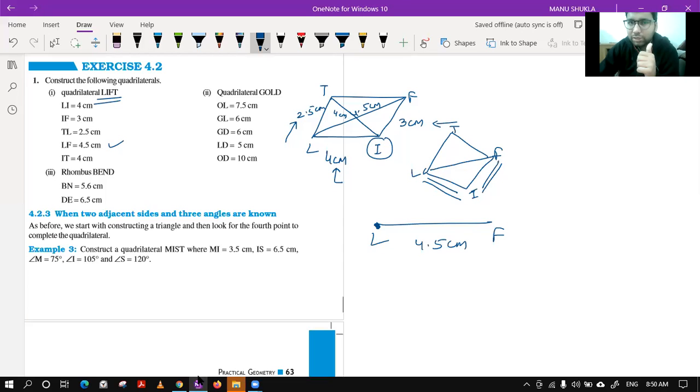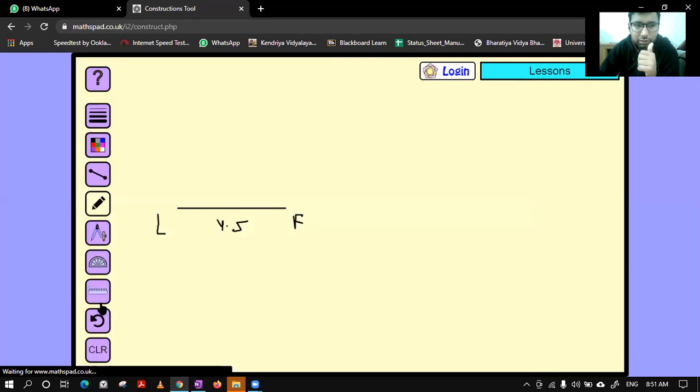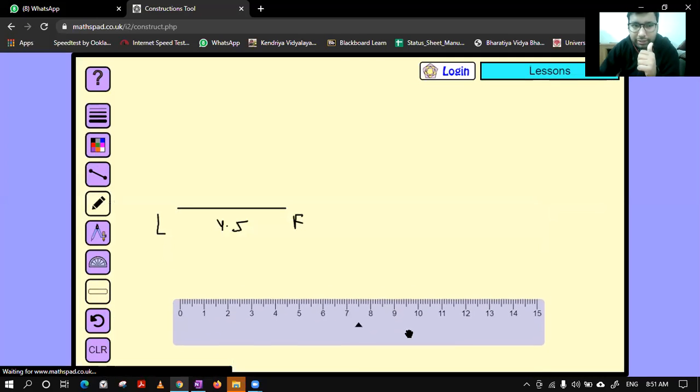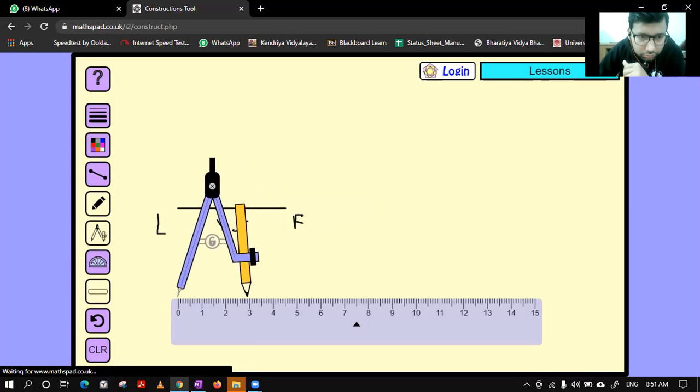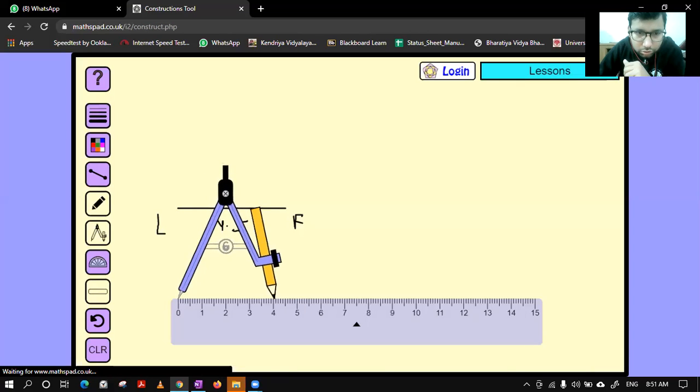Okay. So LI is how much? It is 4 centimeters. So keeping the compass on L, or you can say taking L as center and a radius of 4 centimeter, cut an arc on the lower side like this. So we will take an arc of 4 centimeter for LI, compass on 0, and let's open it till 4.